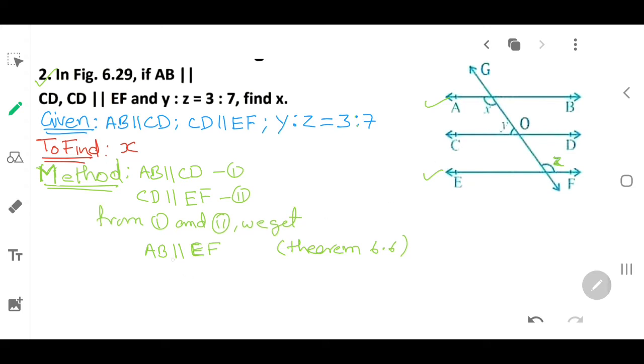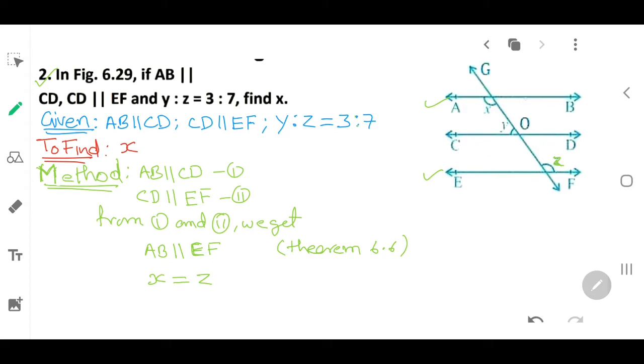Before that, you see, if AB is parallel to EF, what is given here? We can also write that x is equal to z. Why? What is the reason that x and z are equal?